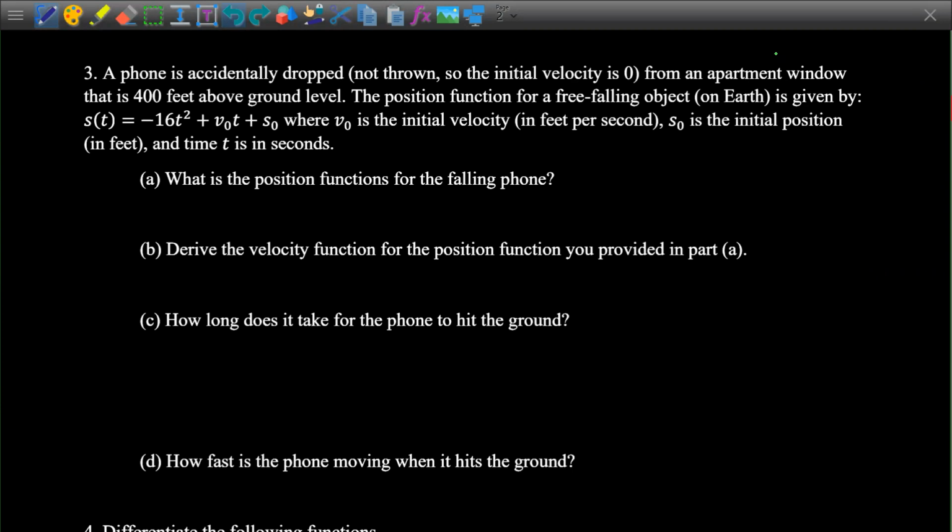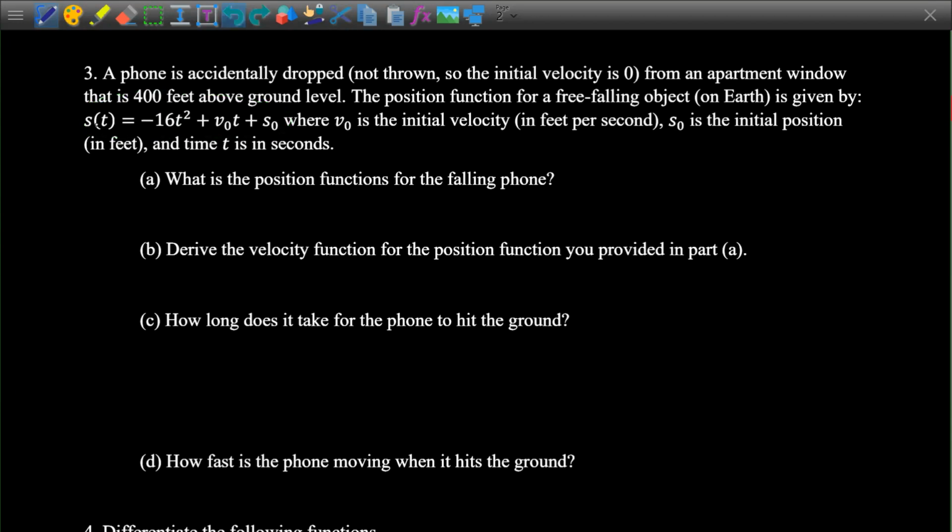The position function, just in general, for a free falling object, and this minus 16 right there is what it would be on Earth. But there is just the general position function where v naught is the initial velocity and s naught is the initial position in feet.